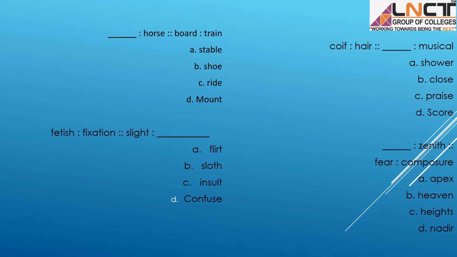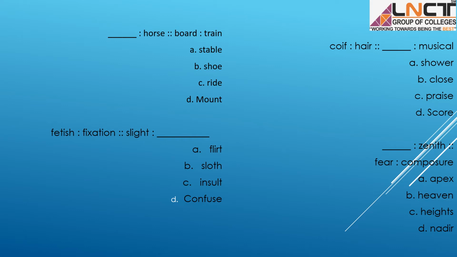Now, boarding means to get on a train, to get on a plane, or a bus, or any means of transport. So the word that describes getting on a horse is mount. The other three words have different meanings. Stable is a place where horses are kept.